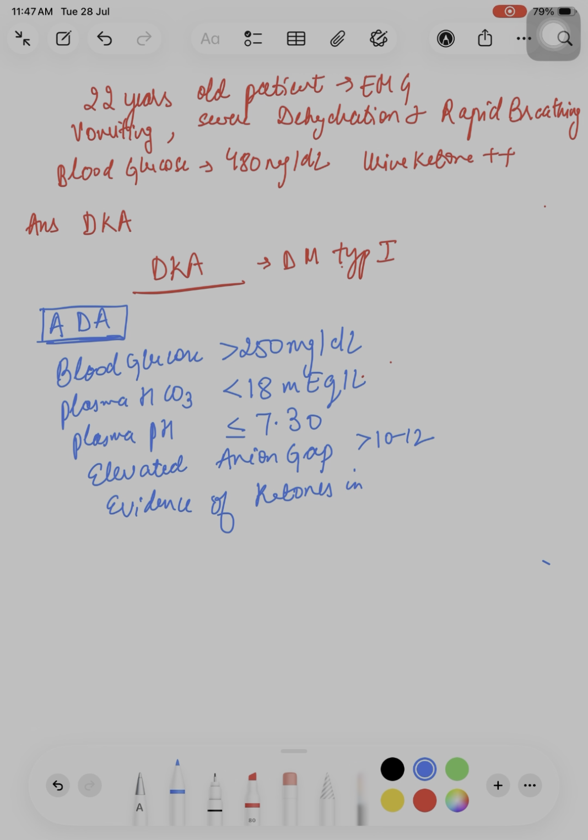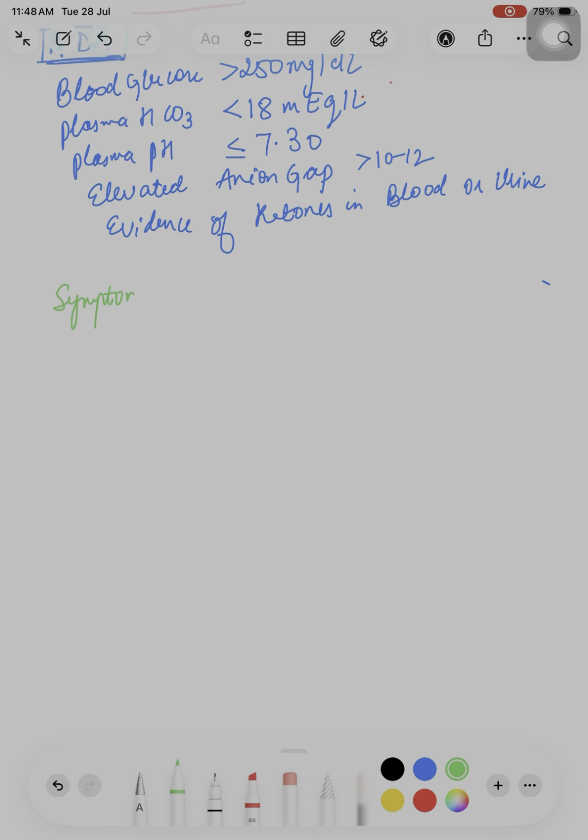Next are the manifestations of DKA, how the patient presents. First we'll start with the symptoms. The first symptom is nausea and vomiting. It is often prominent, and its presence in diabetes warrants lab investigation for diabetic ketoacidosis.